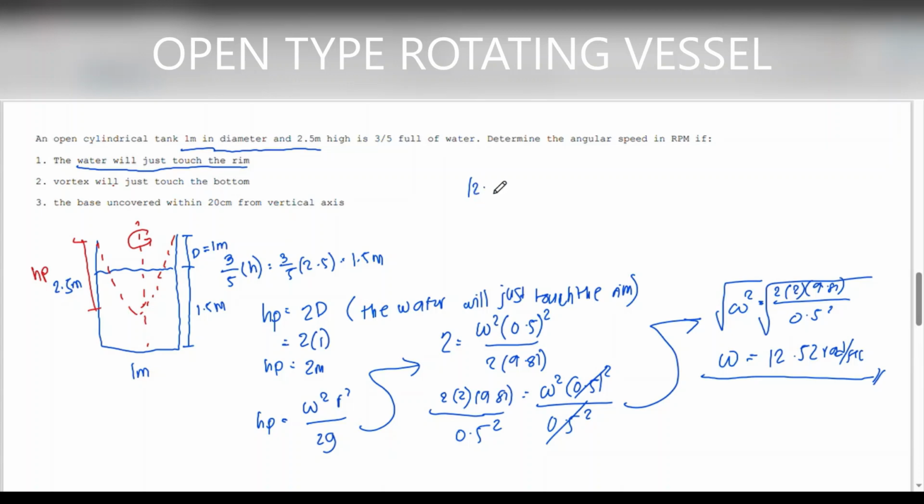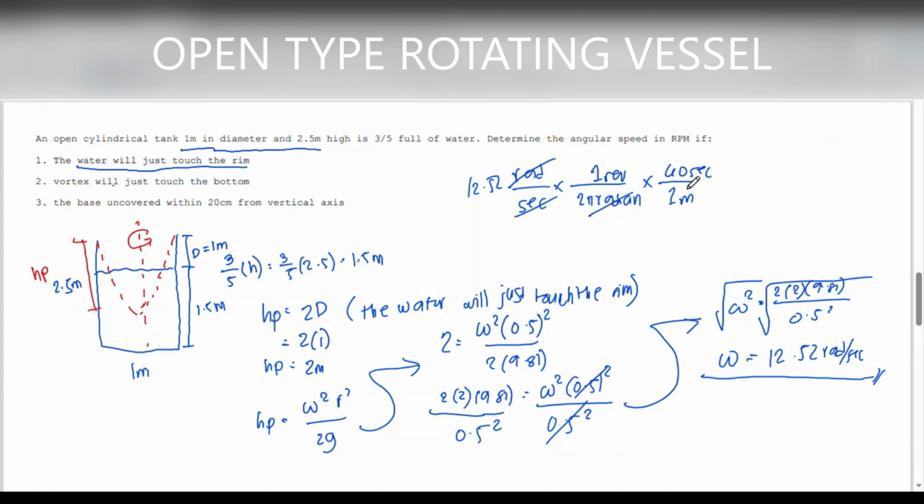we take 12.52 radian per second. There are 2 pi radian in 1 revolution, and there are 60 seconds in 1 minute. So cancel radian, second.